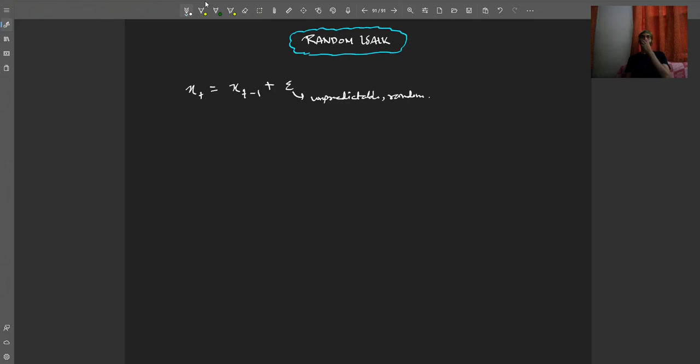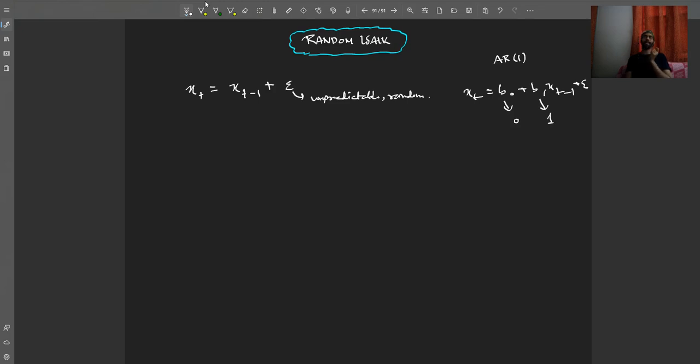Now, why am I calling this a special case of autoregressive model? So an autoregressive model looks like this: xt is equal to b0 plus b1 xt minus 1 plus error. This is an AR1 model. Now, let's make b0 equal to 0 and b1 equal to 1.